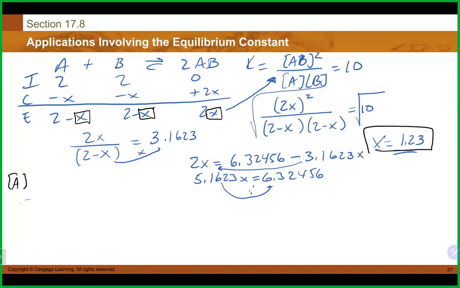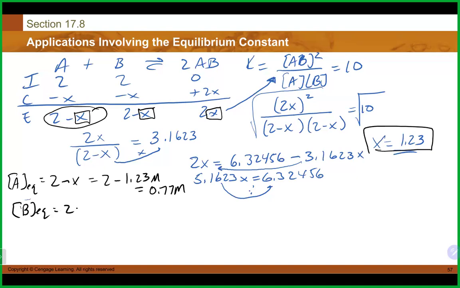So A in this case at equilibrium, which is this, would be 2 minus our x value, which would be 2 minus 1.23, and these are molar. So it's going to get us here 2 minus 1.23, 0.77 molar. Our B will actually be the same in this case.